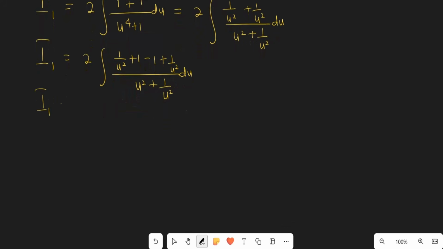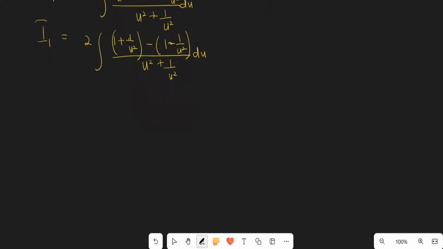So I1 is going to be equal to 2 times the integral of 1 plus 1 over u squared. And here I'm going to factorize negative 1 out. That is going to be negative into 1 minus 1 over u squared. Like this. All this one divided by u squared plus 1 over u squared du.